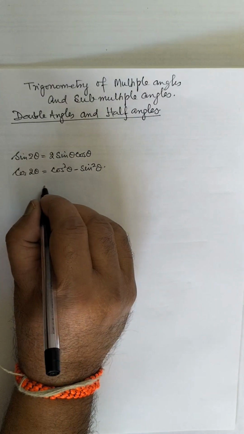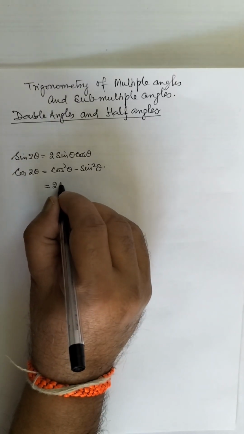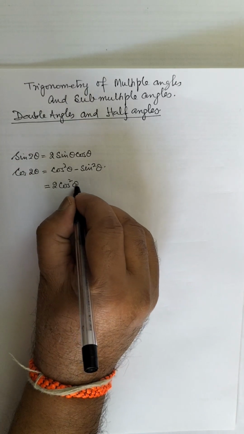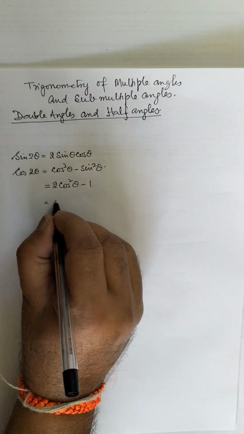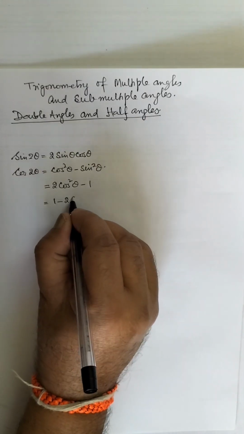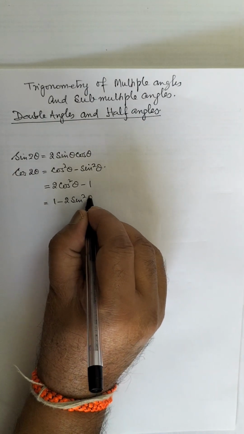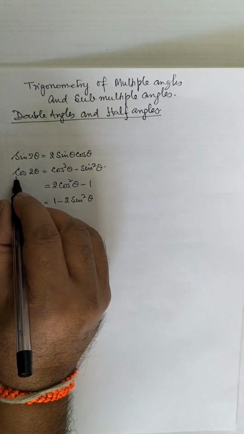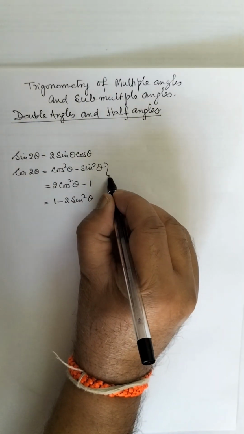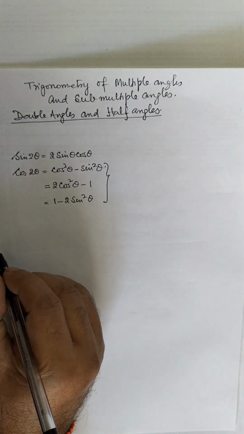This can also be expressed as twice cos square theta minus 1 and 1 minus twice sin square theta. Note that this cos 2 theta is expressible in three different forms.